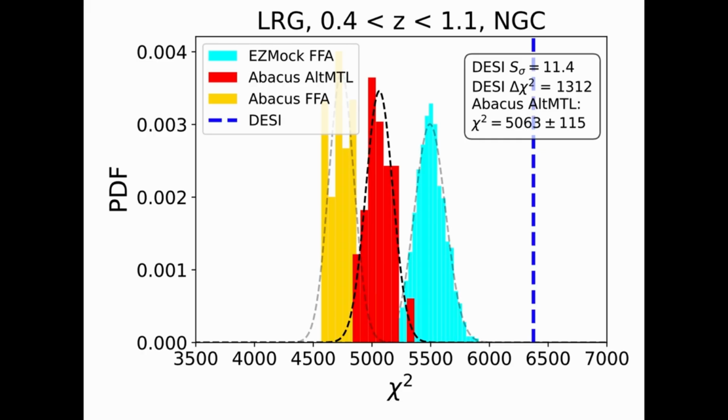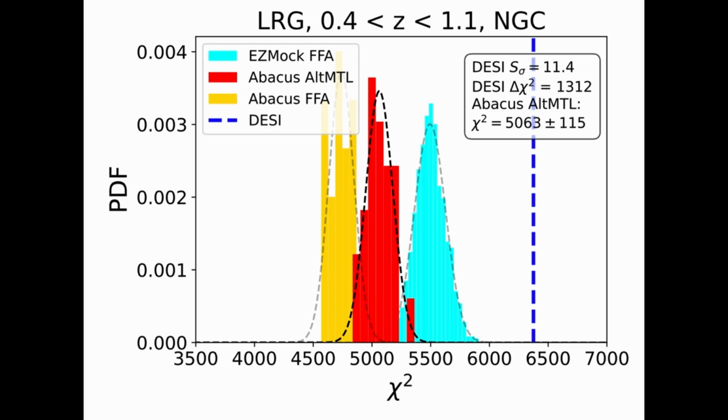Now, what you can see immediately is that the blue DESI data line is quite far away from the center of the red distribution. What we can again do is ask what is the width of the red distribution, and then ask how far the data is from the center of the red distribution in terms of the width. That's reported in the legend at top right.